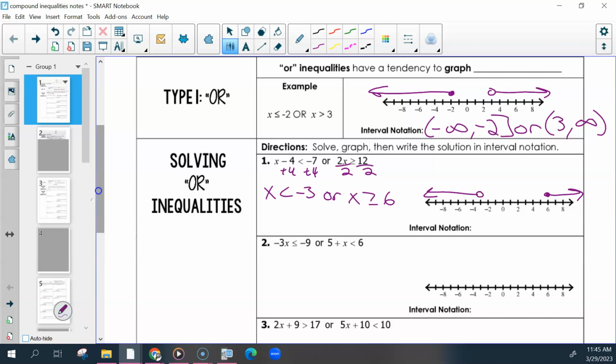How would we start that interval notation? Where does it start at? Negative infinity, so that would be a parenthesis.